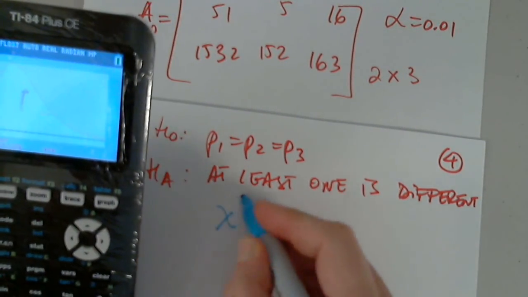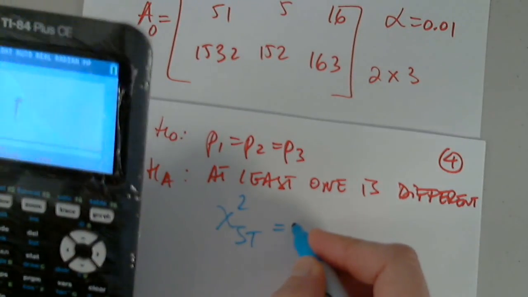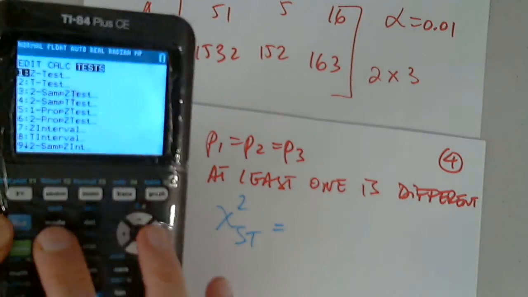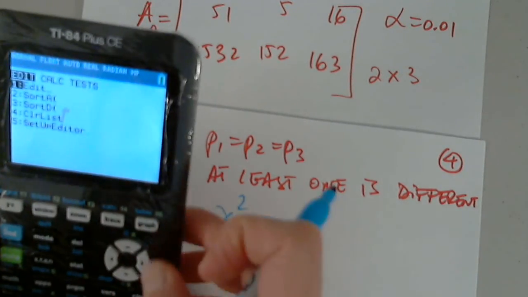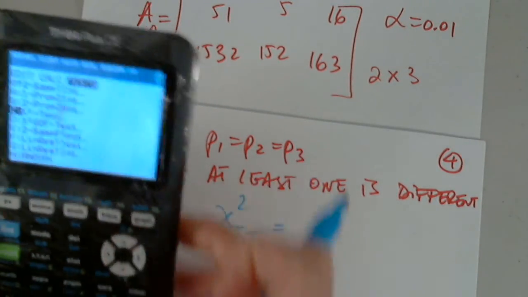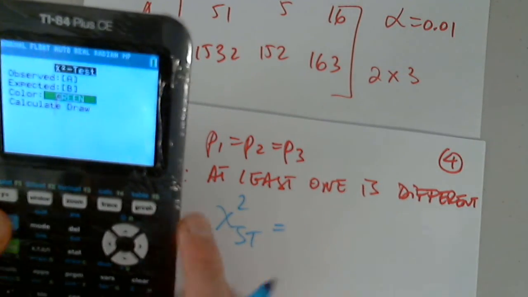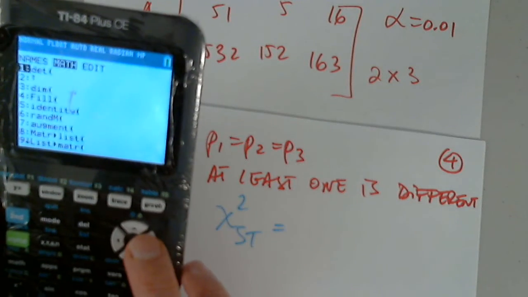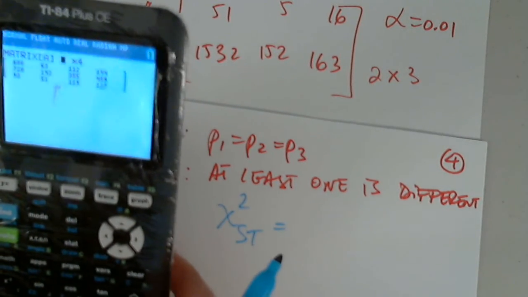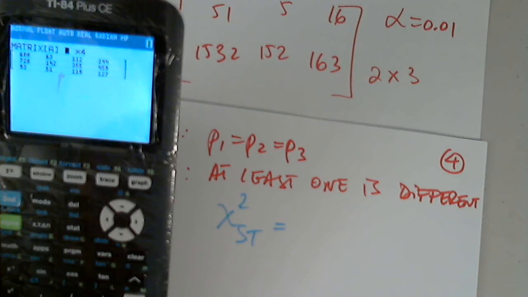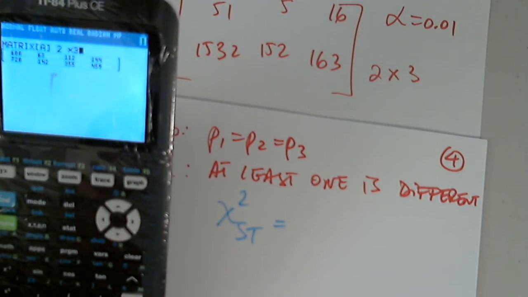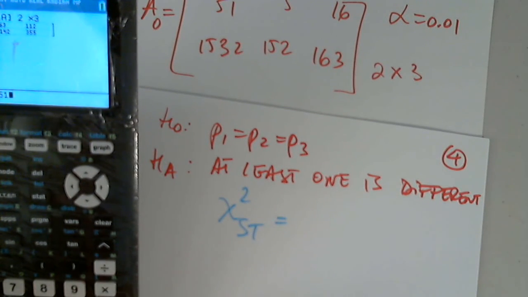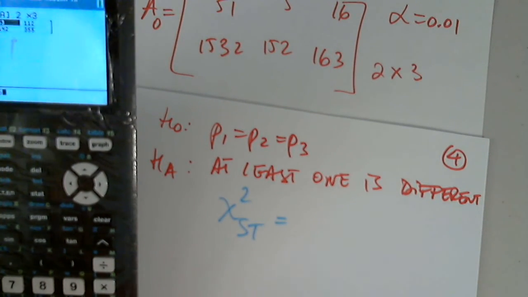So I have that the chi-squared statistic is, for some reason, it still gives me the values from before. Be careful if that happens. The calculator may jump to a different matrix. Be very careful with that.